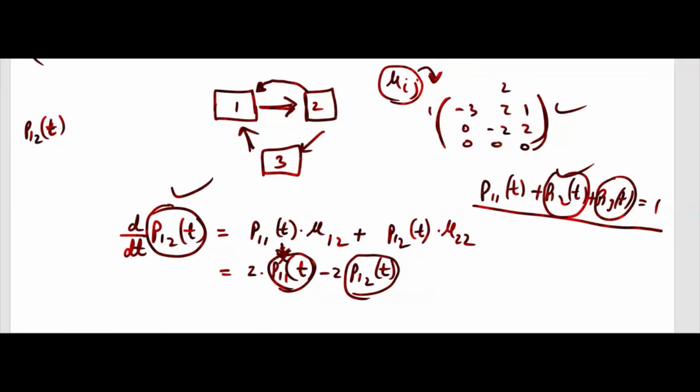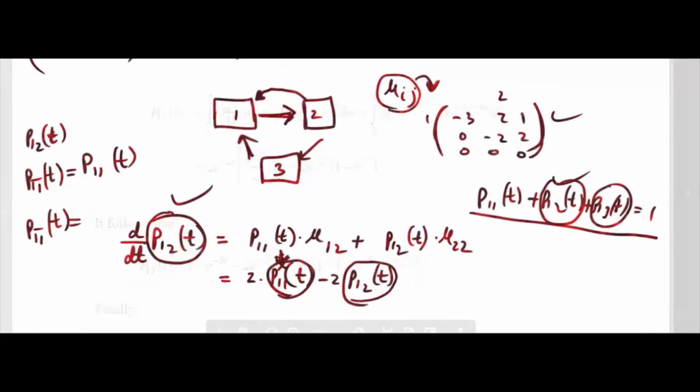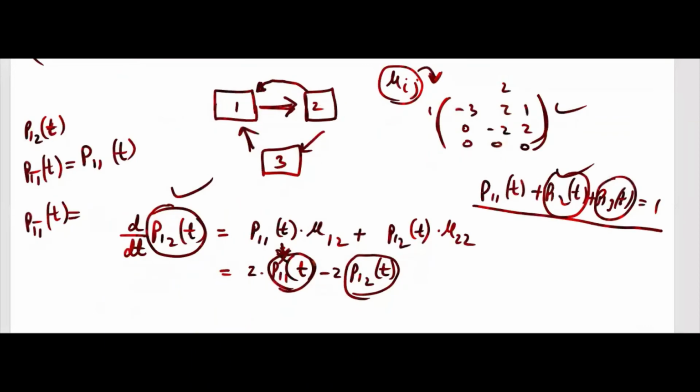However, in this example we already have P11 T equal to P11 bar T, and for P11 bar T there is a direct formula. They are equal because once we leave 1, there is no way we can come back to 1.